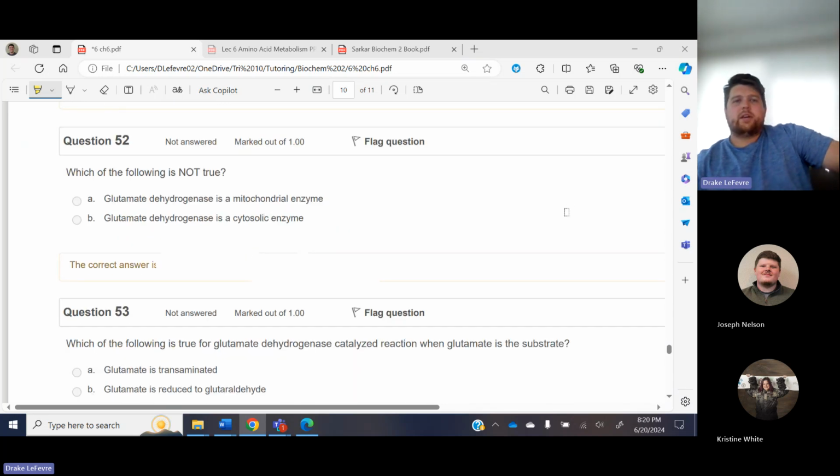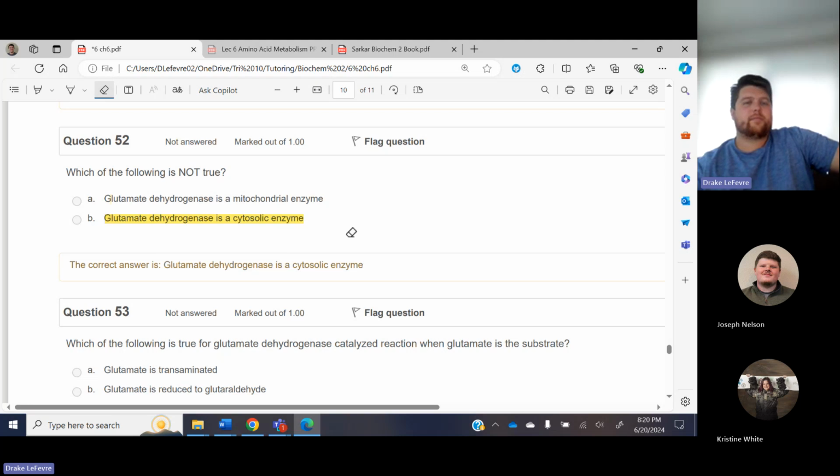Which of the following is not true? Glutamate dehydrogenase is a mitochondrial enzyme, or it is a cytosolic enzyme. Glutamate dehydrogenase has to do with glutamic type stuff. That means it is a mitochondrial enzyme. So what is false is that it is a cytosolic enzyme.